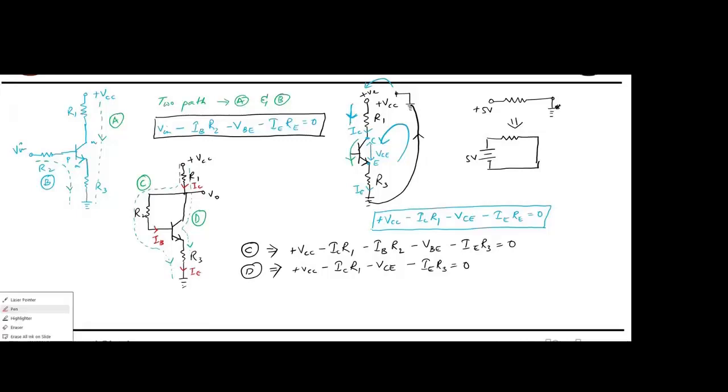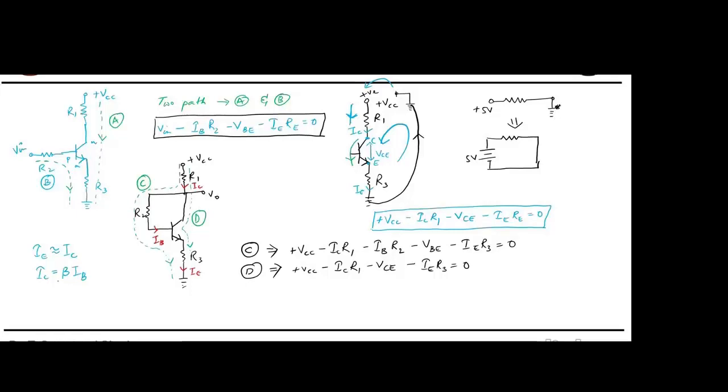Now, there is also another thing which you should know while dealing with transistor problems. That is, IE you can approximately take equal to IC. This is one trick to solve it. Another is IC is equal to beta times IB. Do you know this formula?